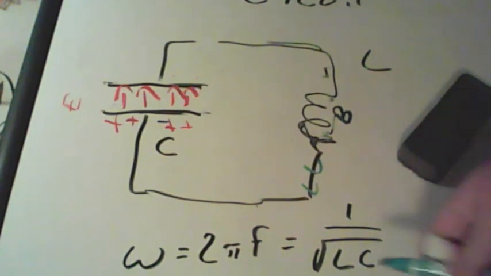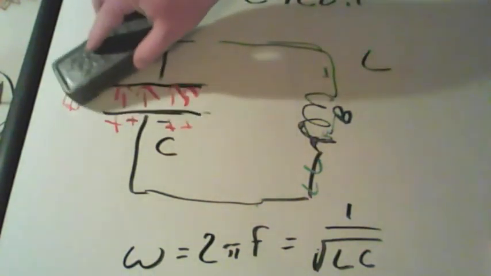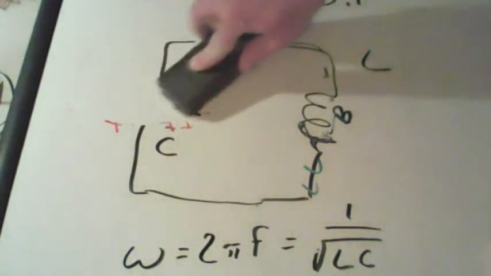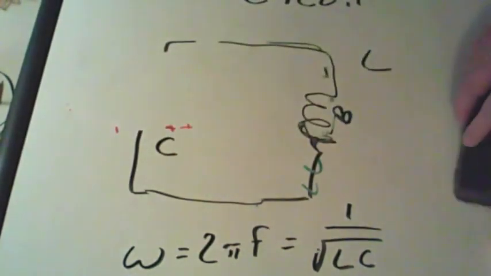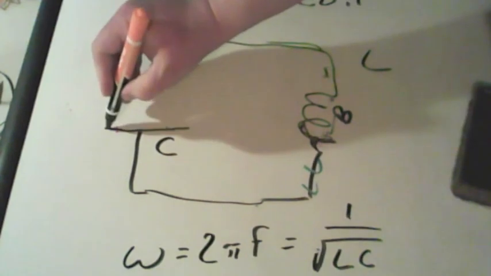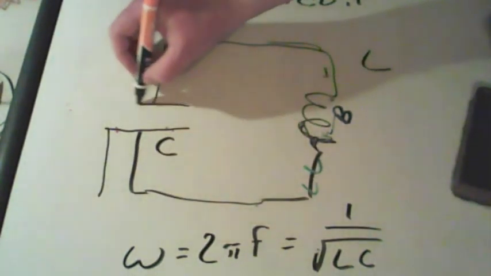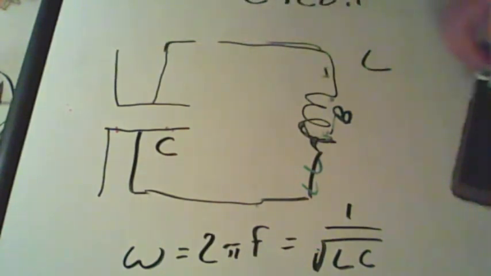Now, how does this transmit or receive radio waves? Typically, the antenna is attached here to the capacitor, and so you can imagine the antenna as taking the capacitor plates and taking them out and just sort of bending them out, stretching them.